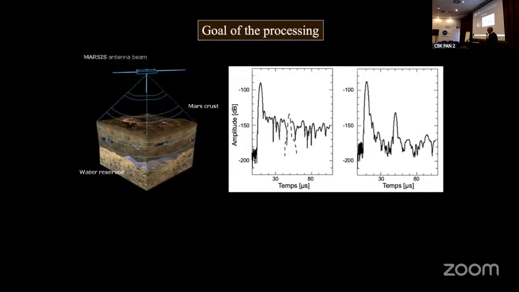Okay, now let's go to the processing. How to do it? Normally, if you are in this situation, we have the surface echo here, and here we have a small echo coming from the subsurface. Then the processing should be able to increase the signal-to-noise ratio.